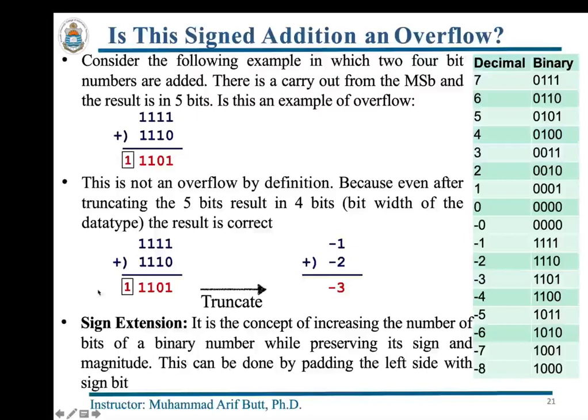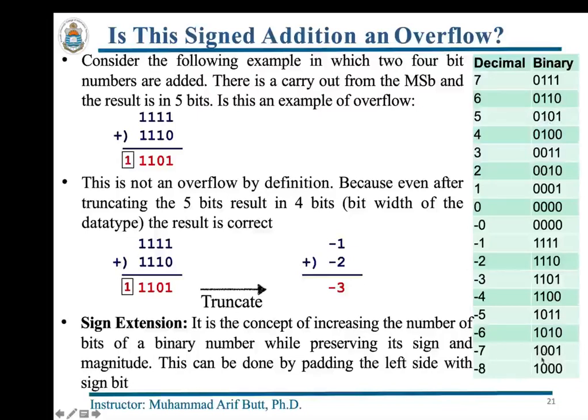So, in simple words, if I place a lot of zeros on the left of this +7, this will remain 7. Let me repeat again. By adding lots of zeros on the left of this +5, 0101, this will remain 00000101. So adding zeros on the left is the concept of sign extension.